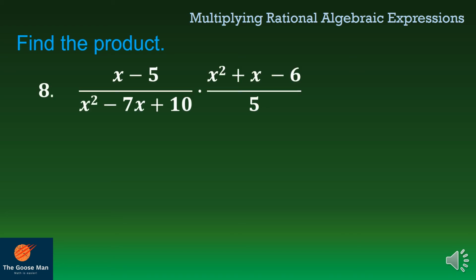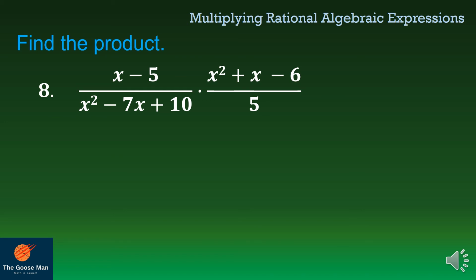So x minus 5 divided by x squared minus 7x plus 10 times x squared plus x minus 6 all over 5. So again, before we multiply these rational algebraic expressions, let's factor first the numerators and denominators.